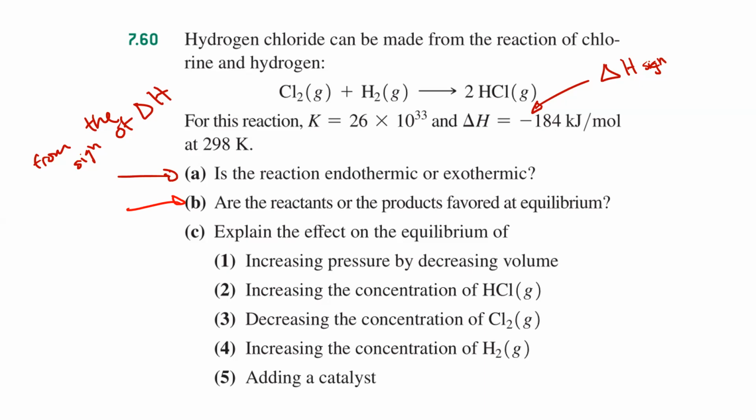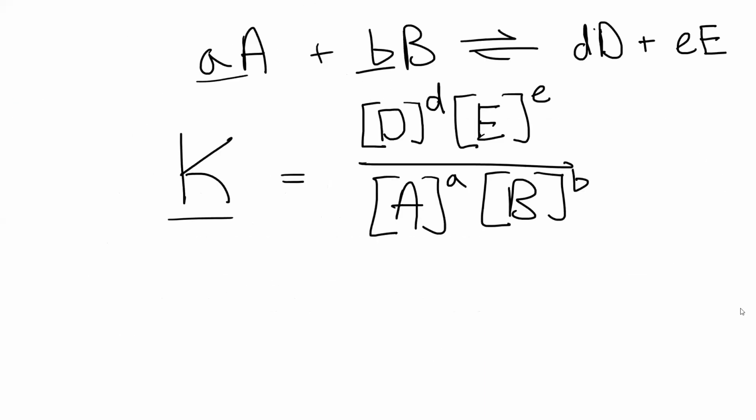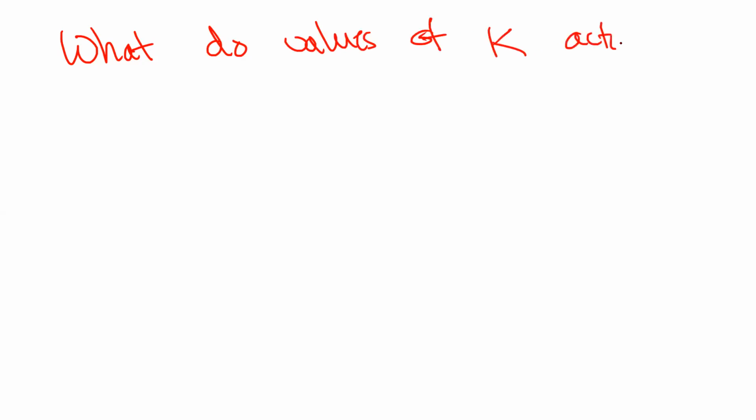I didn't actually talk about that today. So if it's not jumping out at you, jump back to K. Look at K. What do values of K actually mean? They do mean something. There's a lot of information you can get from K.